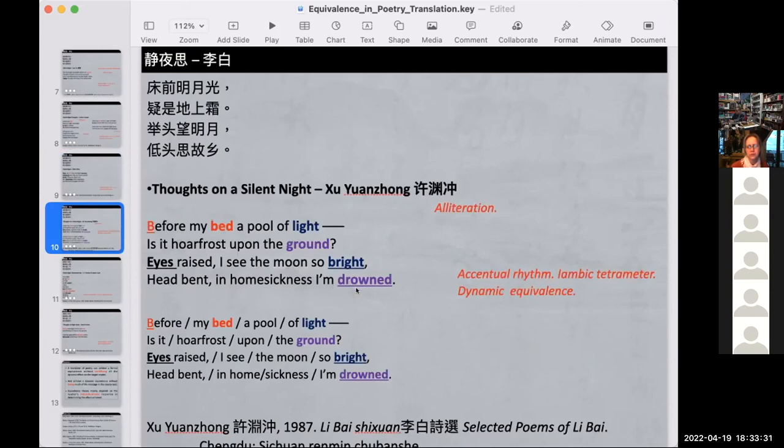So he did his best to keep both the dynamic and formal equivalence. In terms of the form, he did a great job. In terms of the language, we have to understand that he's not a native speaker, but still, as a non-native speaker, in my opinion, he did a great job, coming up with this translation that's perfectly rhymed, perfectly metrical, and with this perfect rhythm.